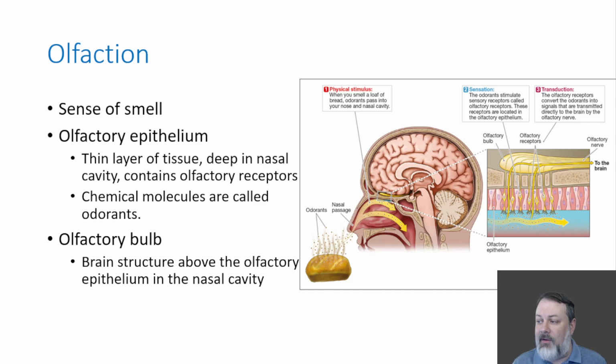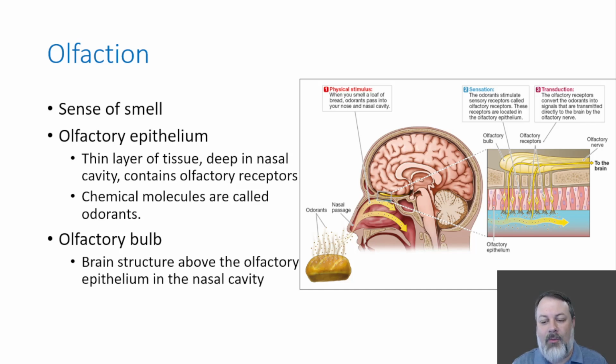So you have these little hair-like receptors whose job it is to interact with chemical molecules that are odorant. So if you are smelling something, that means that some part of that has to then interact with your nose. So think about that next time you smell something that is particularly disgusting.